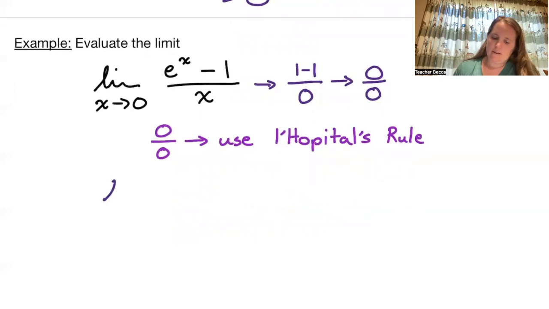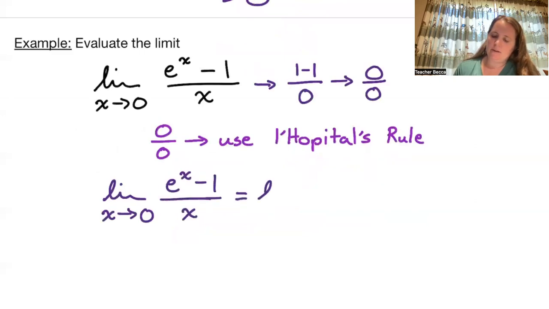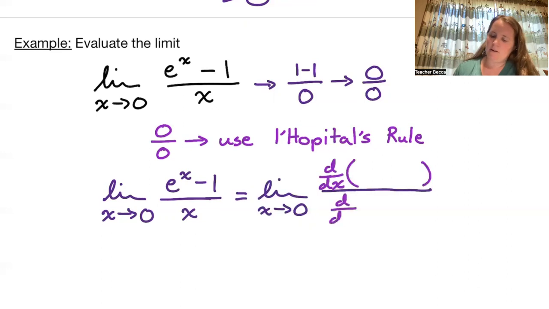So we have the limit as x approaches 0 of e to the x minus 1 over x, which is equal to the limit as x approaches 0 of the derivative of e to the x minus 1 in the numerator, and in the denominator, we're once again just taking the derivative of x.